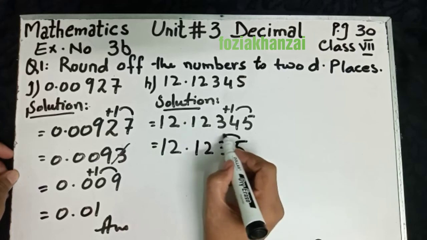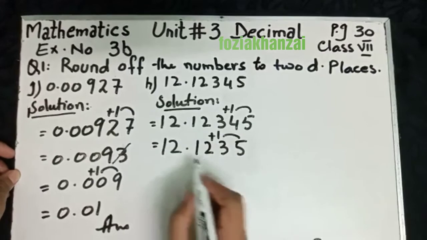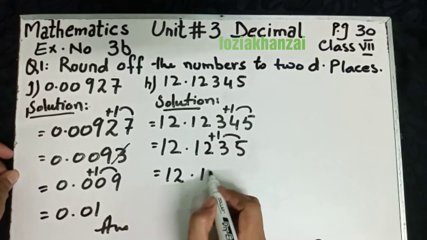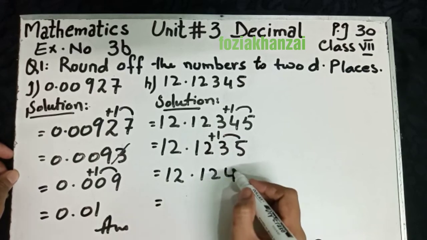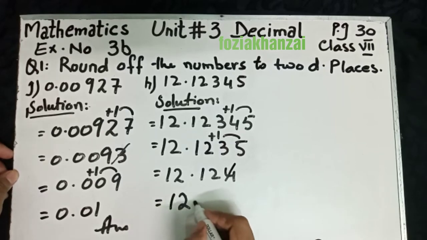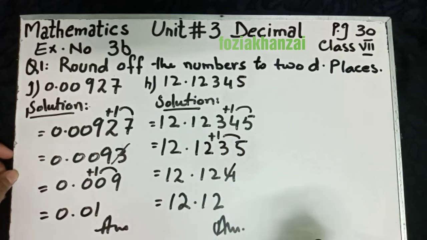Okay, again we add 1 to the previous number, so in the next step it becomes 12.124. In this step, 4 is the last digit, 4 is less than 5, so skip this number 4. So 12.12 would be the answer of 2 dp, 2 decimal places.